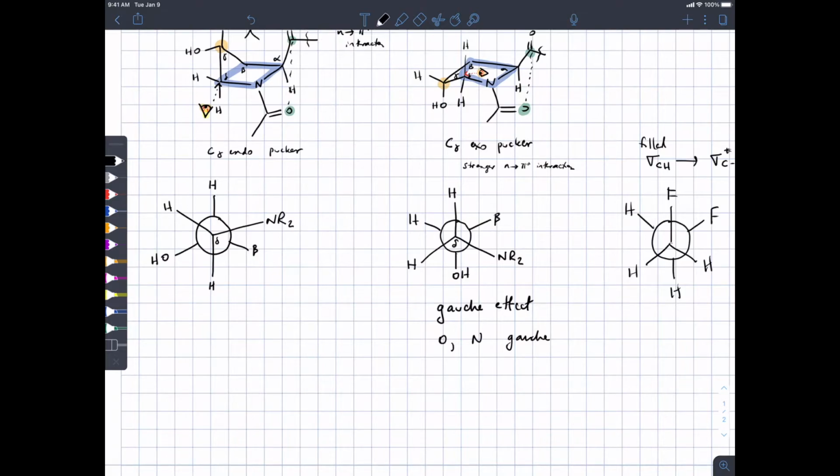So this allows, in the case of the oxygen, I'll just draw a filled carbon-hydrogen sigma bonding orbital in the front to overlap with the empty carbon-oxygen sigma star in the back, which would have a lobe behind the carbon-oxygen bond pointing away from the space between the two nuclei. There would be a node here, a small lobe here, and a larger lobe there.